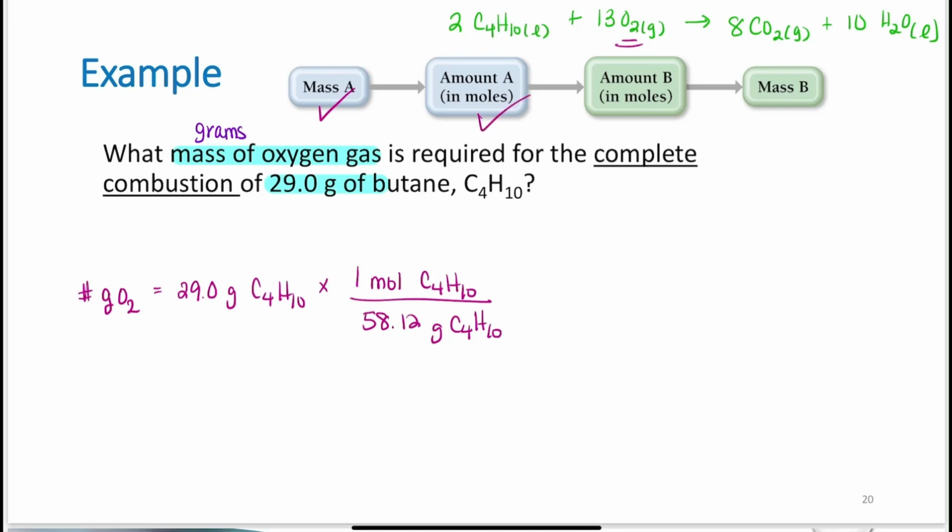Now I need to use my balanced equation to convert to moles of B. In this case, B is what I'm looking for. It's O2. So times 13 moles of O2 to 2 moles of C4H10. Now I'm here, and now I need to get to grams of O2. 1 oxygen is 16 grams per mole, so 2 oxygens would be 32 grams per mole.